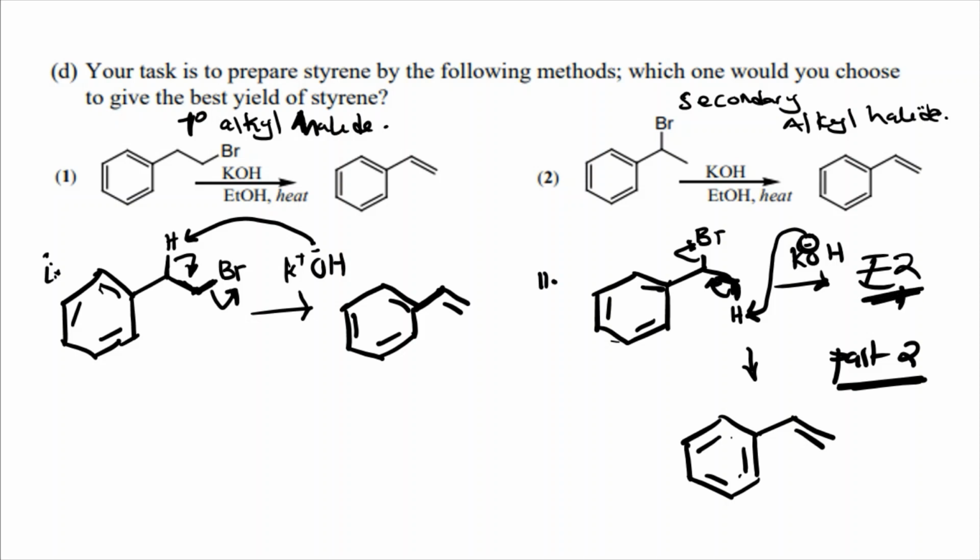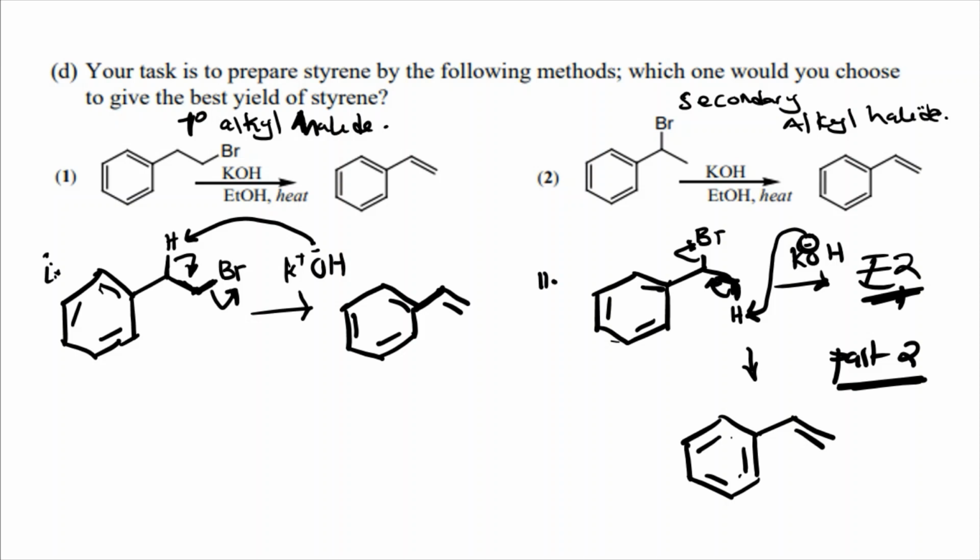But for this reaction here, SN2 reaction can easily occur because this is a primary alkyl halide. So SN2 reaction will come and occur. So the amount of styrene that is produced is going to be affected because most of the product will be formed by an SN2 reaction and not an E2 reaction. But for this one, SN2 reaction products will be very few compared to E2 reactions.